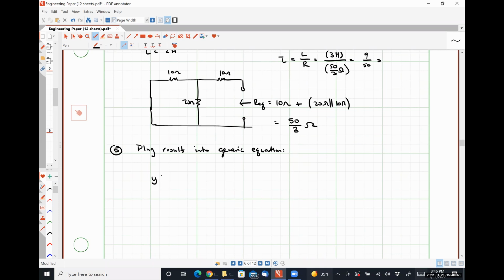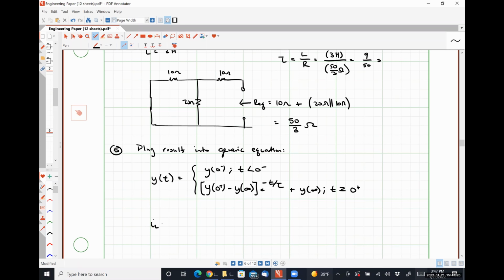As a reminder, our generic equation is now y of t is equal to y at 0 minus for t less than 0 minus, and y at 0 plus minus y at infinity, this whole quantity, e to the minus t over tau plus y of infinity for t greater than or equal to 0 plus.